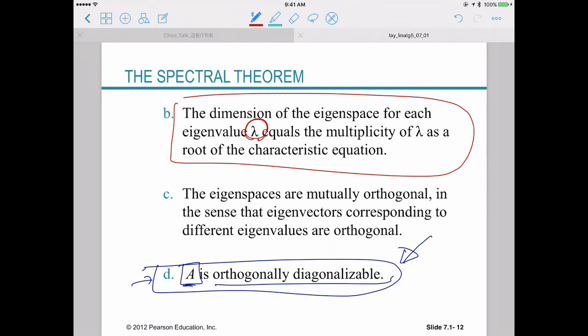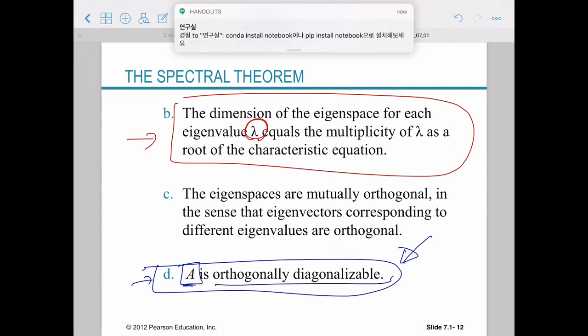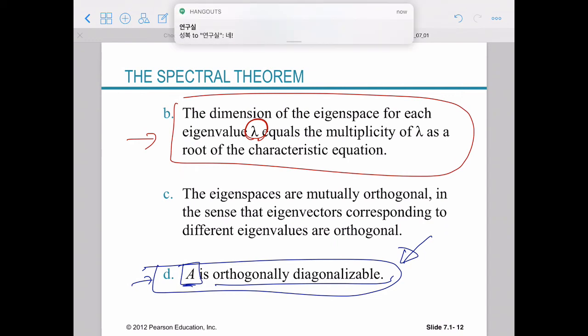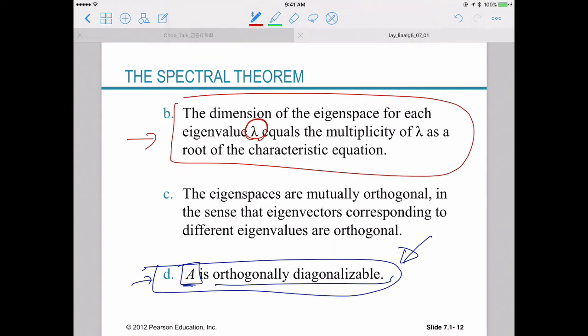This B part is saying that you will always have the same geometric multiplicity and algebraic multiplicity. But unfortunately, we will not prove this. In order to prove this, we would have to study another matrix decomposition, which is out of scope in this class. So let's just take it as granted, as true.